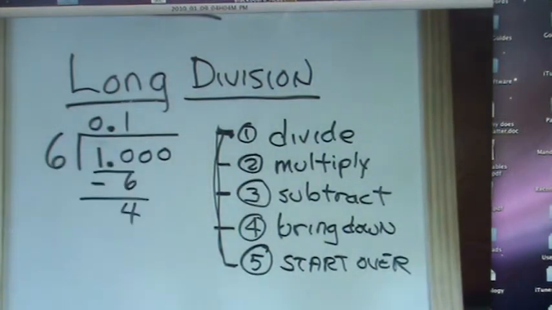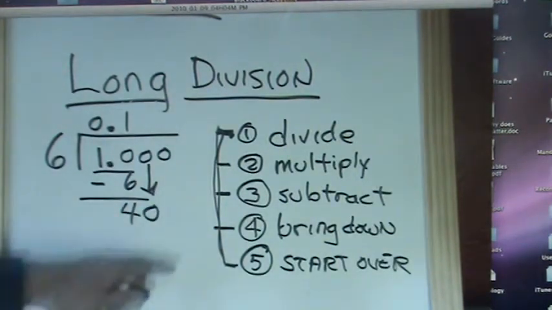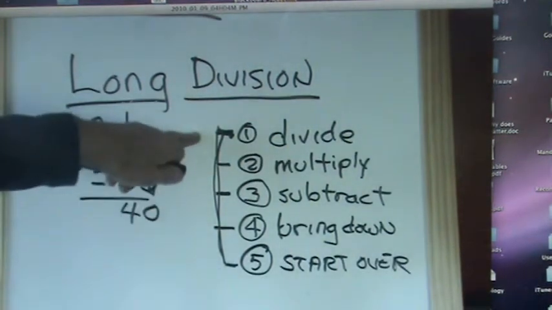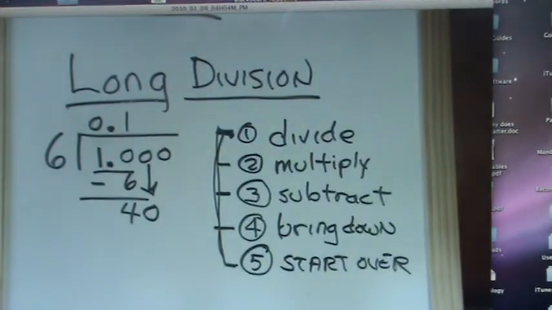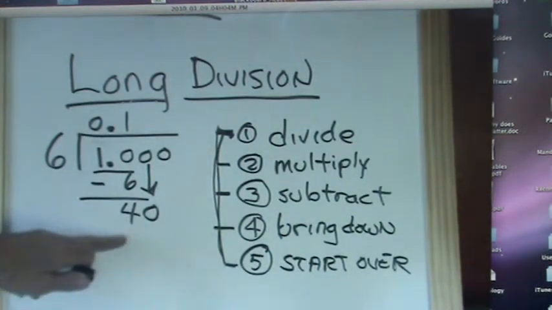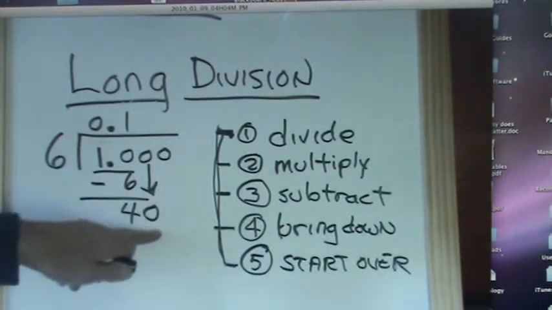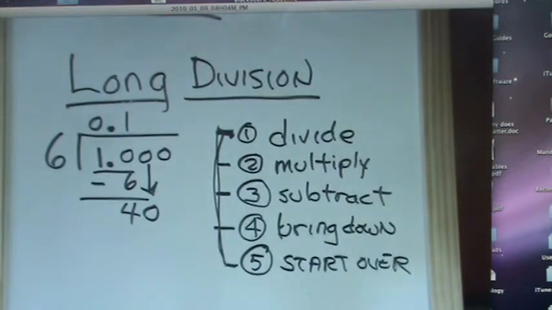Now I bring down, I can bring the 0 down. After I bring down, I start over. I divide, and I always divide the divisor into the last number down here. So 6 will go into 40. How many times? I know 6 times 6 is 36. So it'll go 6 times.